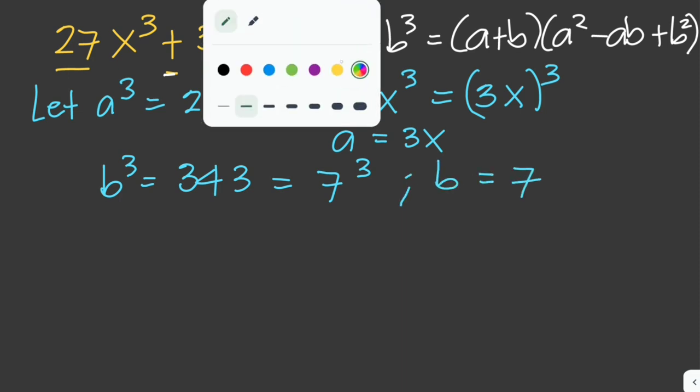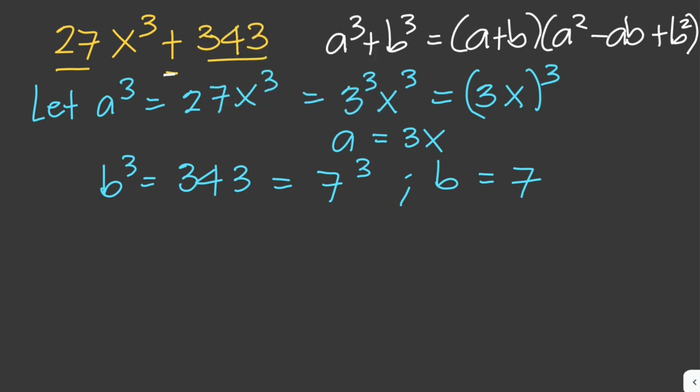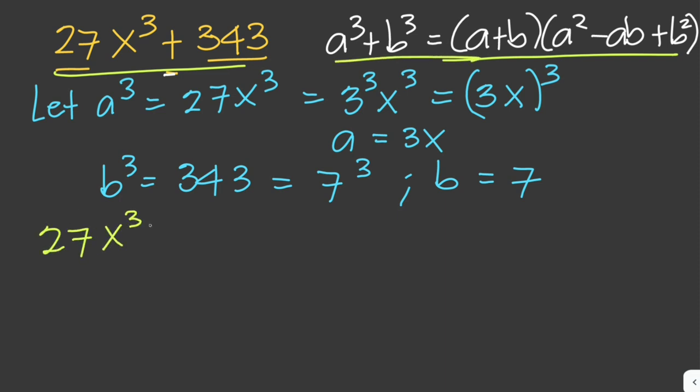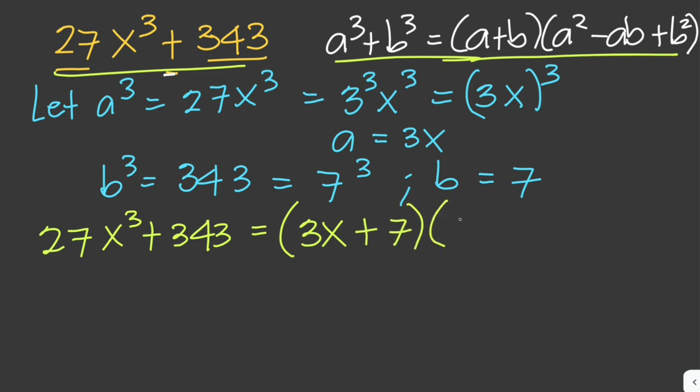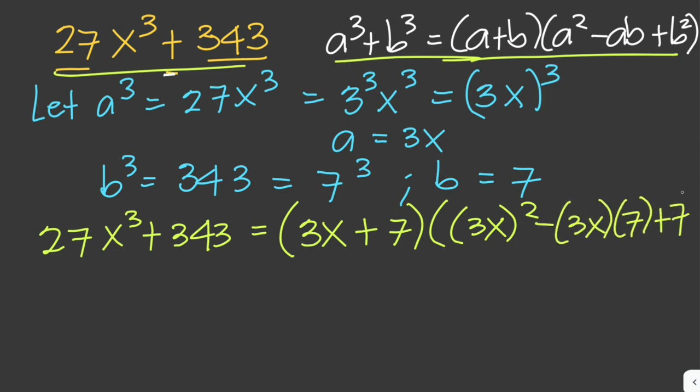Now we can factor this one by using this formula. So 27x cubed plus 343 is just equal to a plus b, where our a is 3x and our b is 7, times a squared, so that is (3x) squared, minus 3x times 7 plus 7 squared.